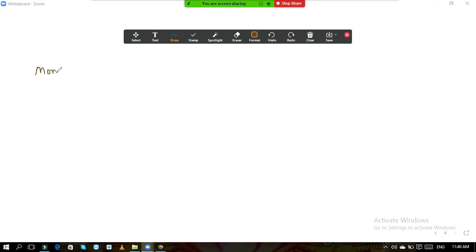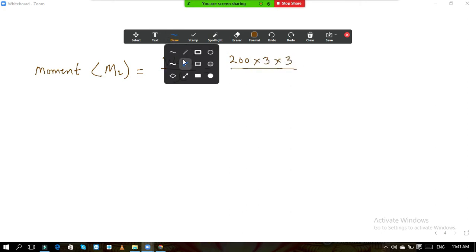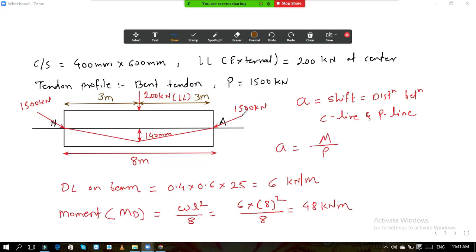So moment due to live load, I will directly write ML. It is WAB by L. This is the formula. So it is 200 into 3 into 3 divided, sorry, it is not 3, 4 meter is the span now. Sorry, 8 meter is the span, so this will become 4. It is not 3. 4 meter, and this is also 4 meter.